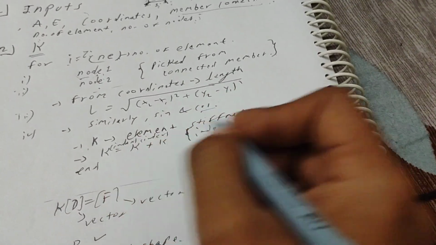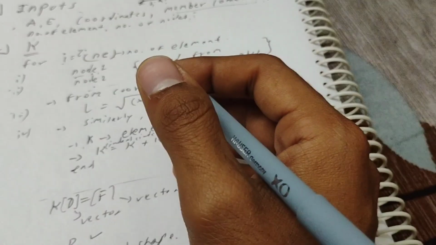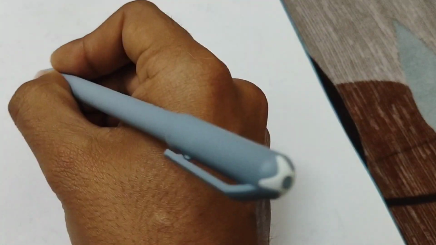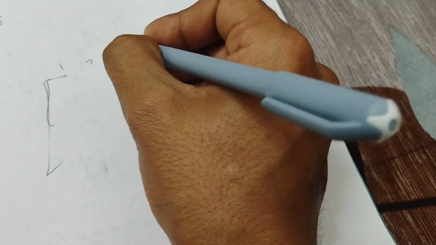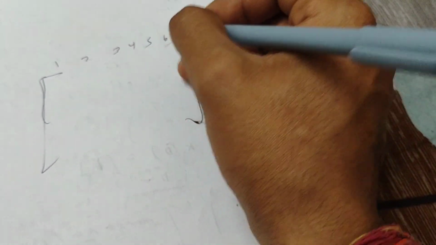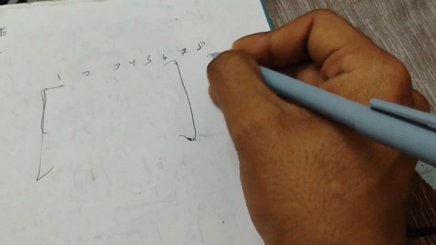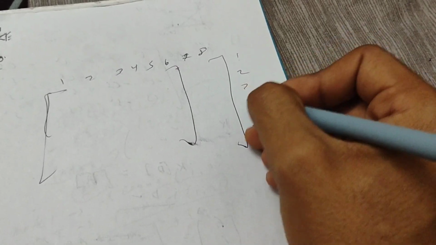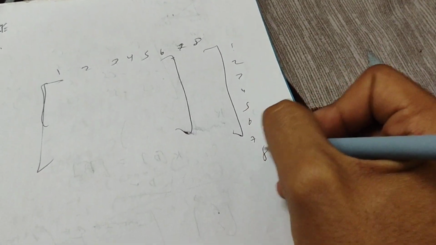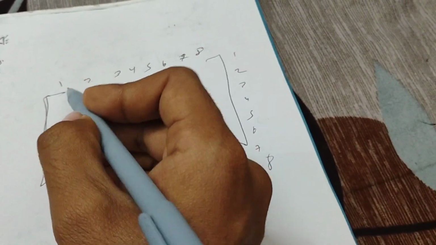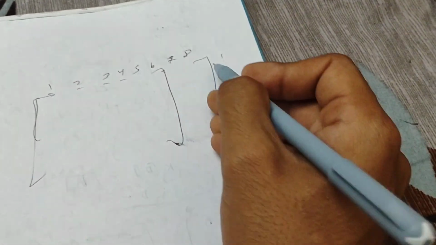The indexing will be like this: as we know, for any matrix we have to update it at the right positions, like 1 2 3 4 5 6. Similarly here, for the first element we have to update it here.